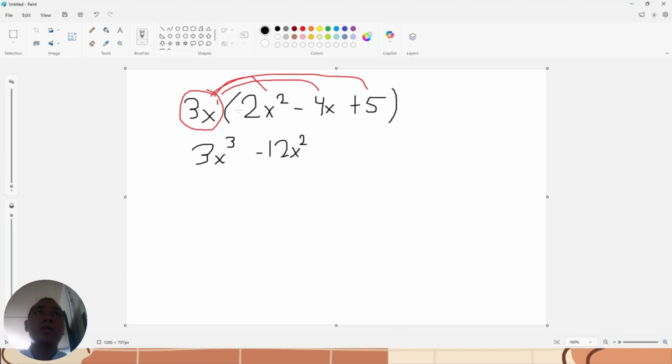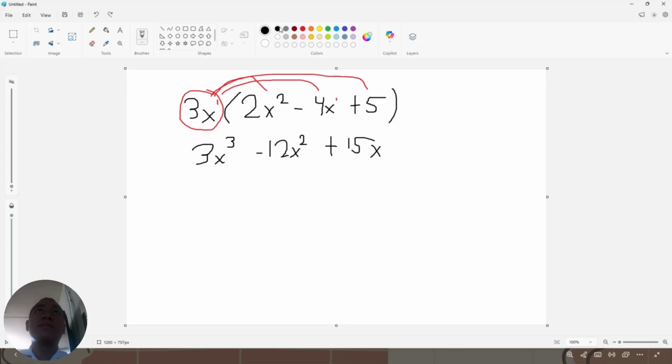Squared, because there's always 1 right here. Now you get to the third one, 3x times 5. Now, because it's a constant, you simply multiply them. 3x times 5, which is 15x, because there's an x here.